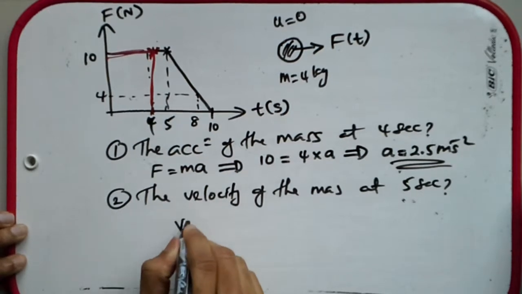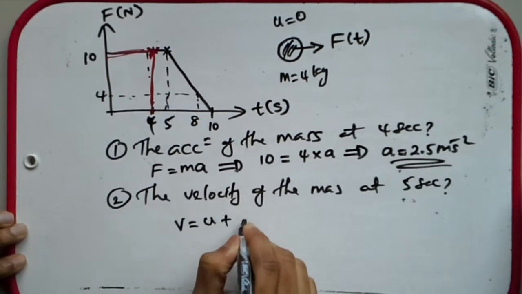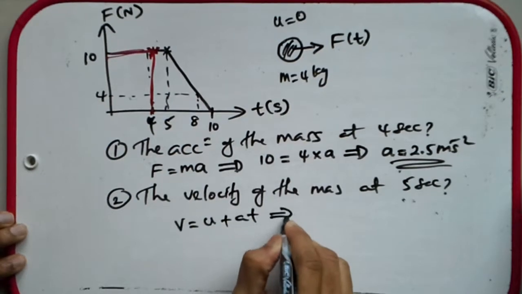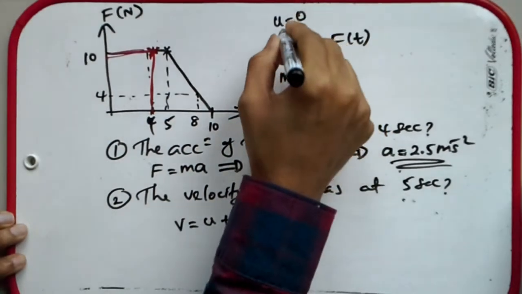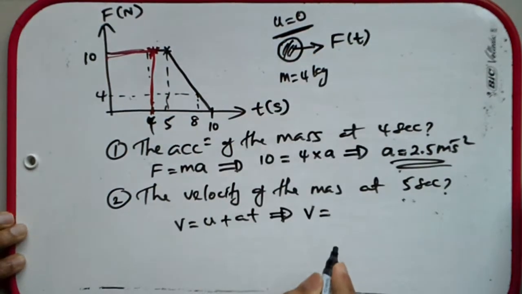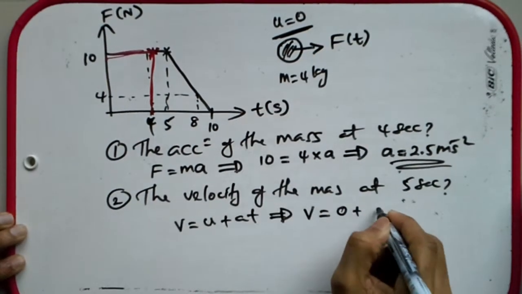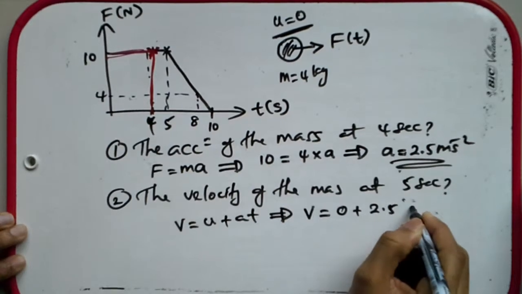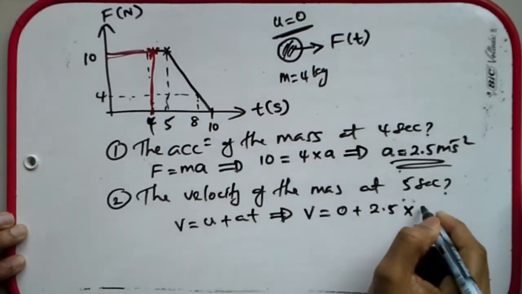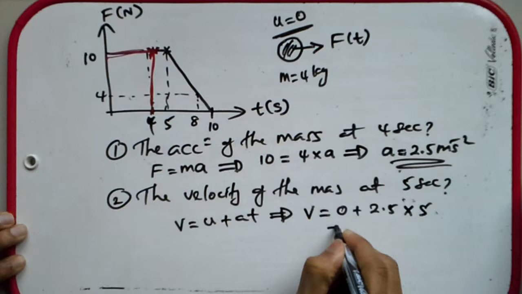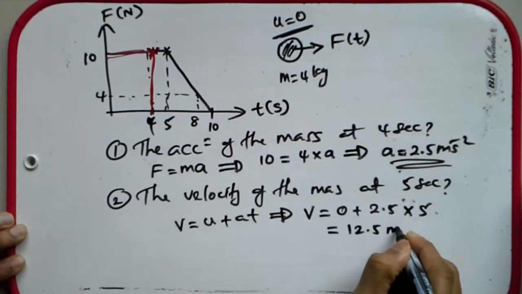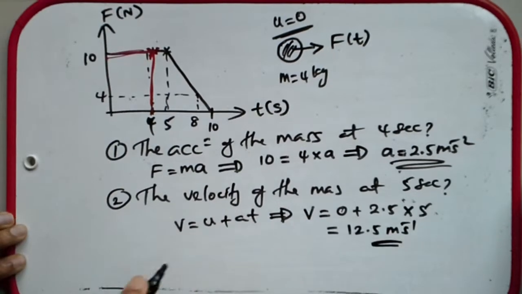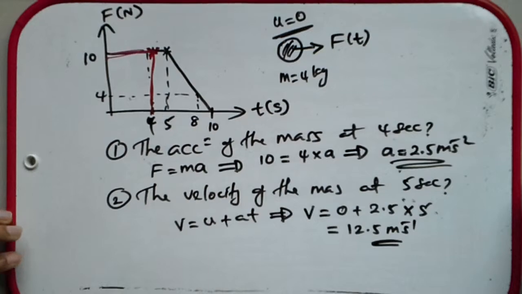So I can use v equal to u plus at. So I need to find the final speed. What is the initial speed of the system? I told you that is 0. So 0 plus 2.5 times 5 seconds. If you simplify, you will get 12.5 m s^-1. It's really very straightforward.